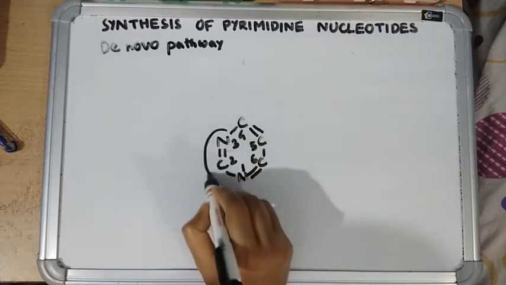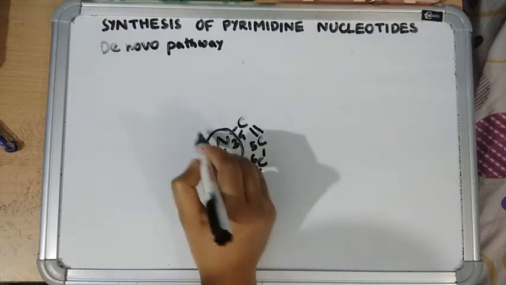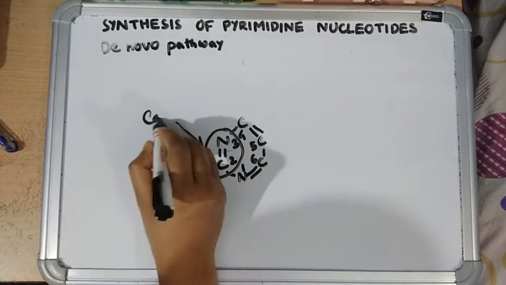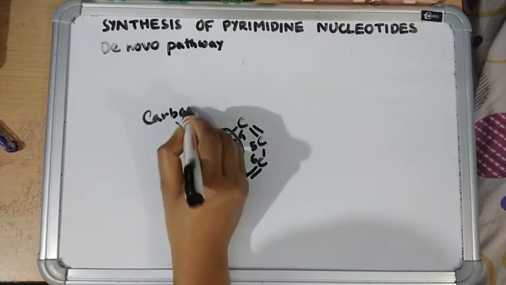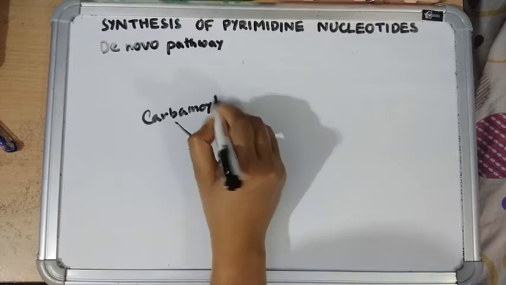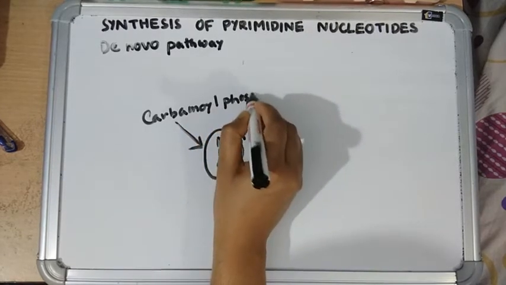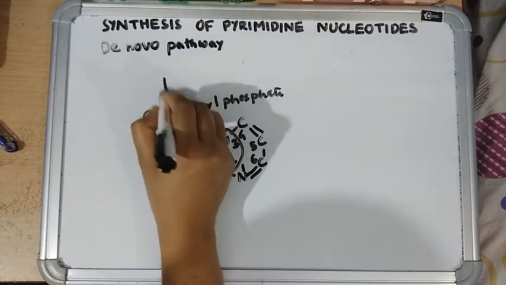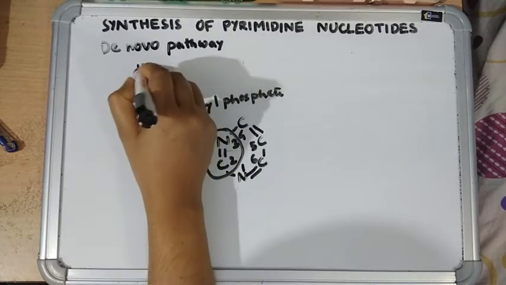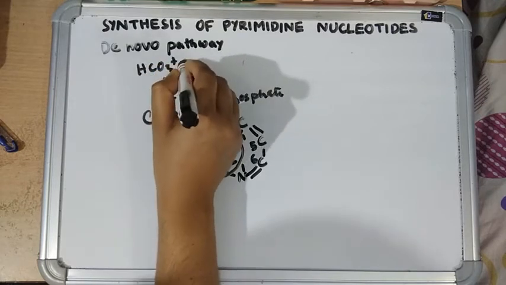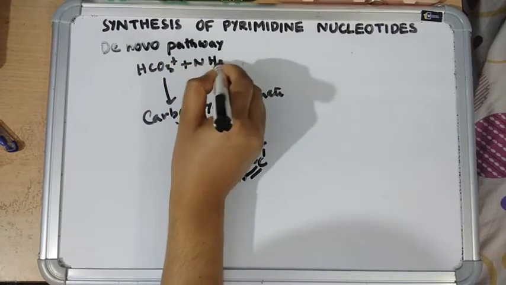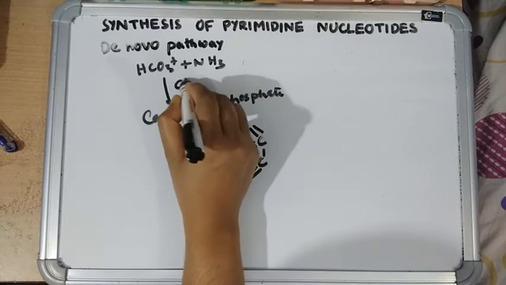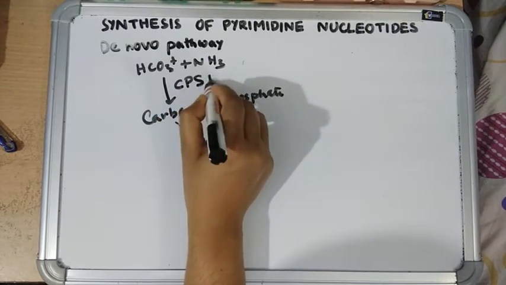Now this C2 and N3 come from carbamoyl phosphate. And carbamoyl phosphate is synthesized from bicarbonate and ammonia, and this reaction is catalyzed by the enzyme carbamoyl phosphate synthetase 2.